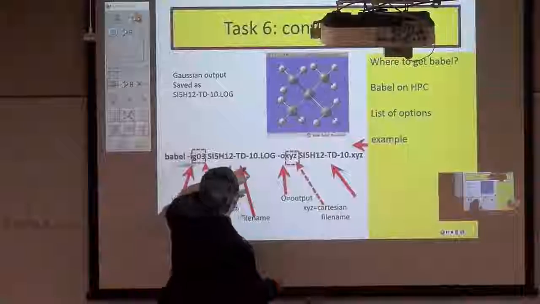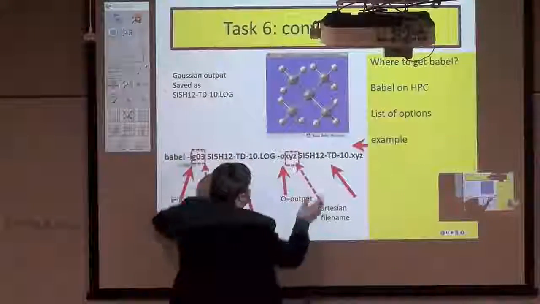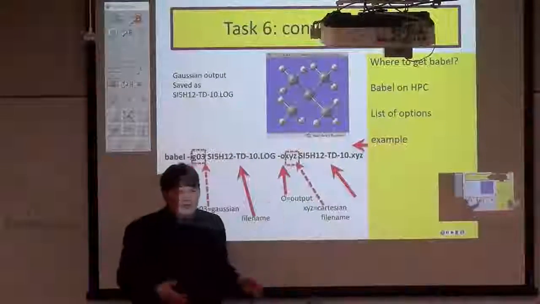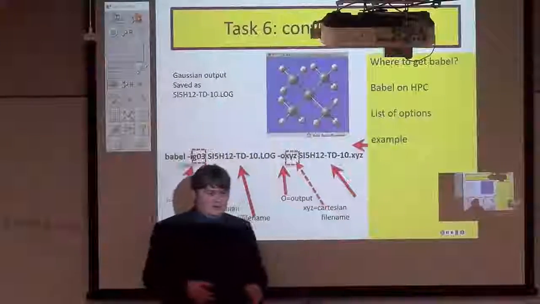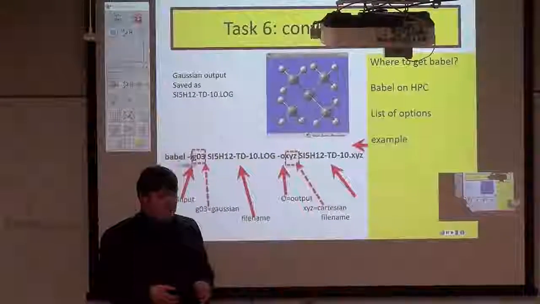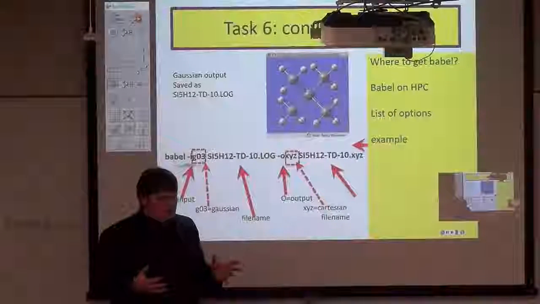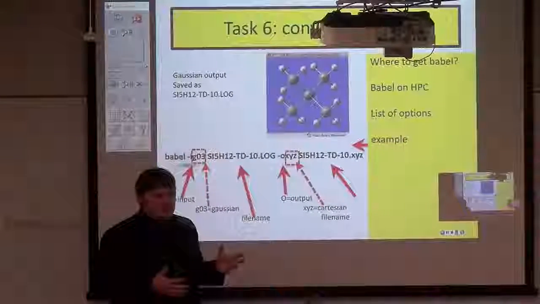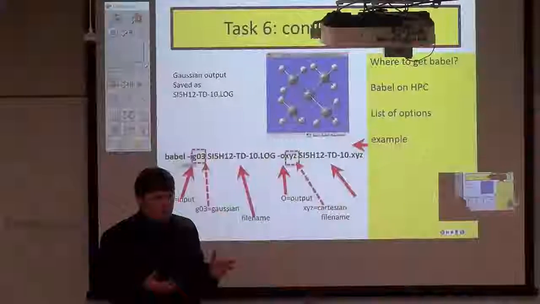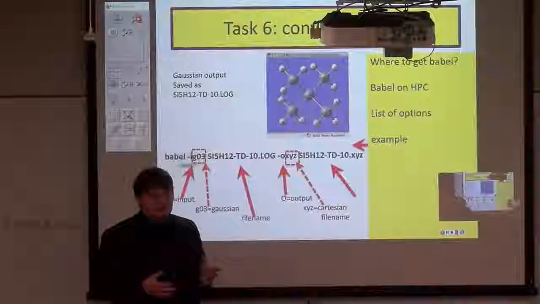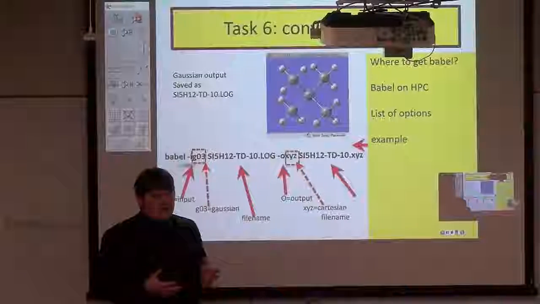So in fact, it will convert this file into this file. This one will be in the format of Gaussian, this one will be in the format of XYZ. Okay? So there is nothing super innovative. It's a very technical tool, but really helpful, because it summarizes hundreds of available formats.